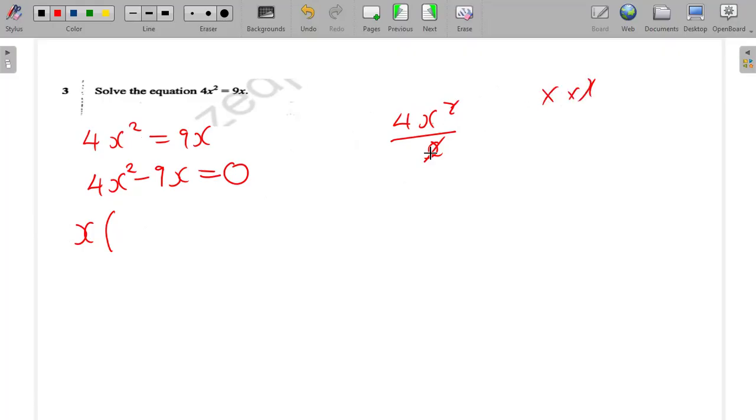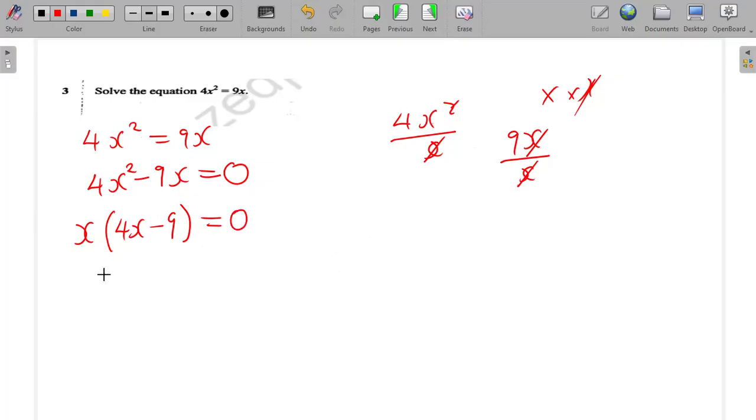So I've divided by x, it means that one of the x will go. It means that we are going to remain with the 4x only, right? Minus, then here I'm having 9x, I do the same, I divide by x. This x and x will go. It means that I'm going to remain with a 9 there. Then this is equal to 0, right?